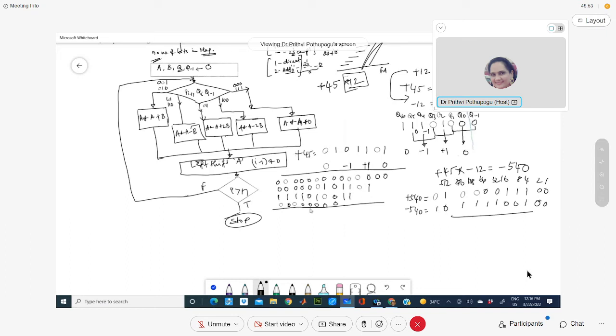Okay, because the result is in negative form, because plus 45 into minus 12 we are doing: 0, 0, 1, 0, 1, 0, 1, 1, 1, 1, 1, 0, 1, 1, 1, 1. Is this correct?